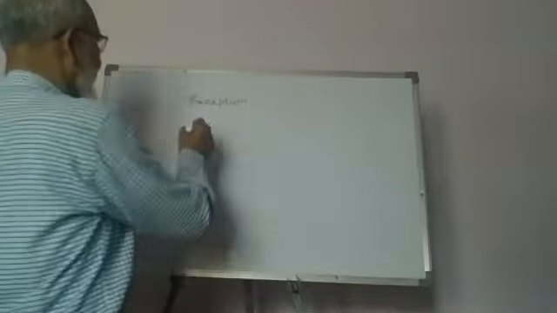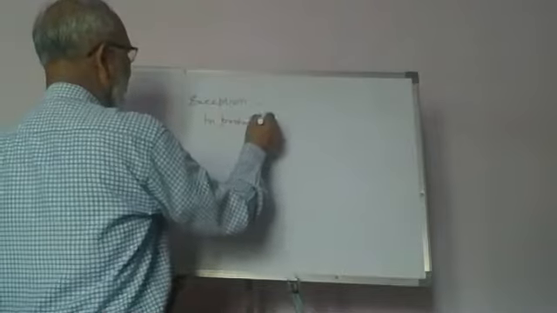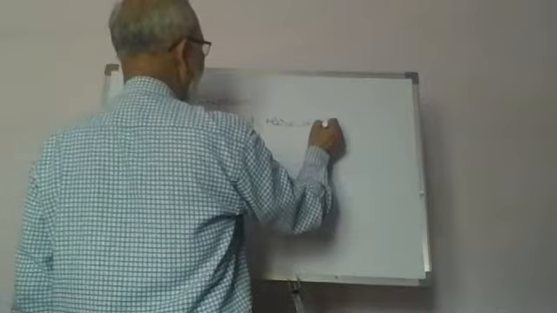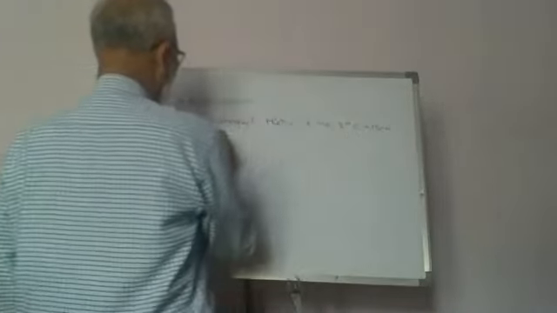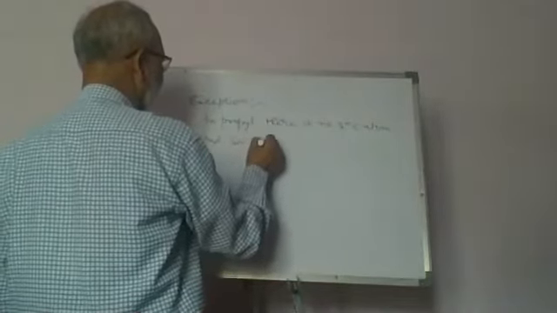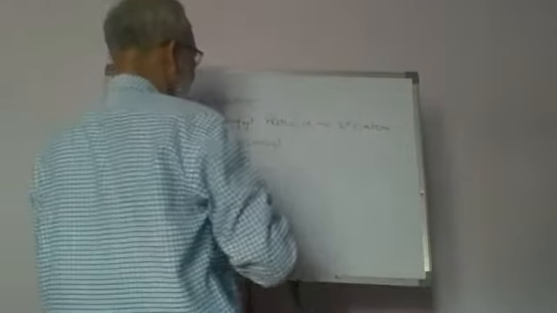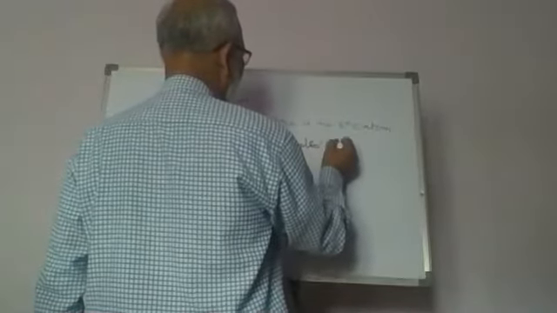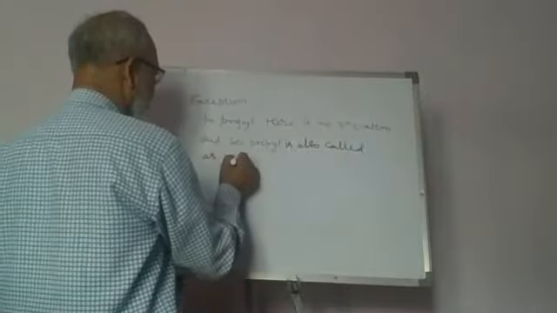In propyl, there is no tertiary carbon atom, and sec propyl, that is secondary propyl, is also called as isopropyl.